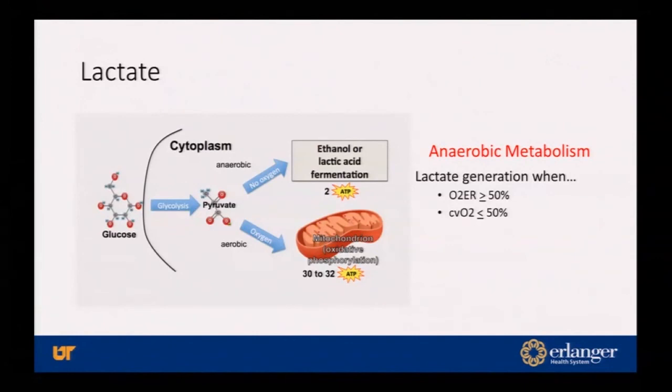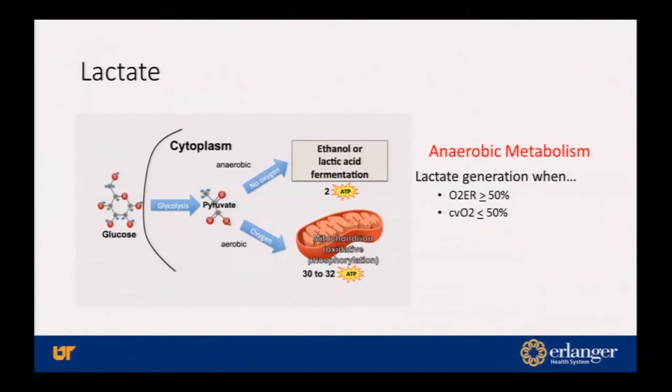We're not going to go through all the details of this, but this kind of walks through how lactate's generated. Remember, in the cytoplasm, you've got glucose that goes to pyruvate, and then pyruvate's got a decision to make. If oxygen's available, theoretically, it should make acetyl-CoA and go through the citric acid cycle, undergo oxidative phosphorylation, and then you've got oxygen as your terminal electron acceptor, you make carbon dioxide and energy, and so forth.